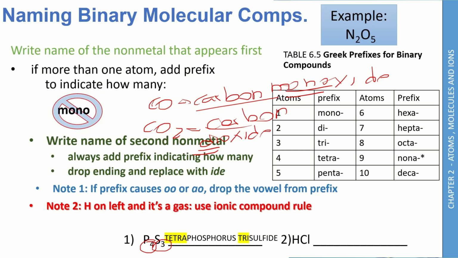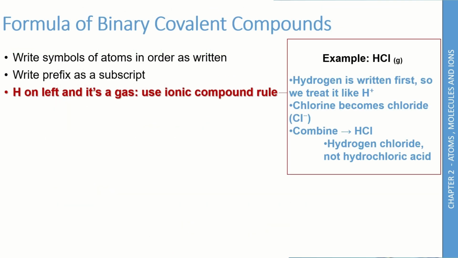See, regular name of the element, I only add tetra because it's 4, and tri because it's 3, right? Sulfide. So see that I add IDE at the end. Look at the other one. So if it's a gas, it will be hydrogen chloride. Okay? So again, that is hydrogen chloride, not hydrochloric acid.